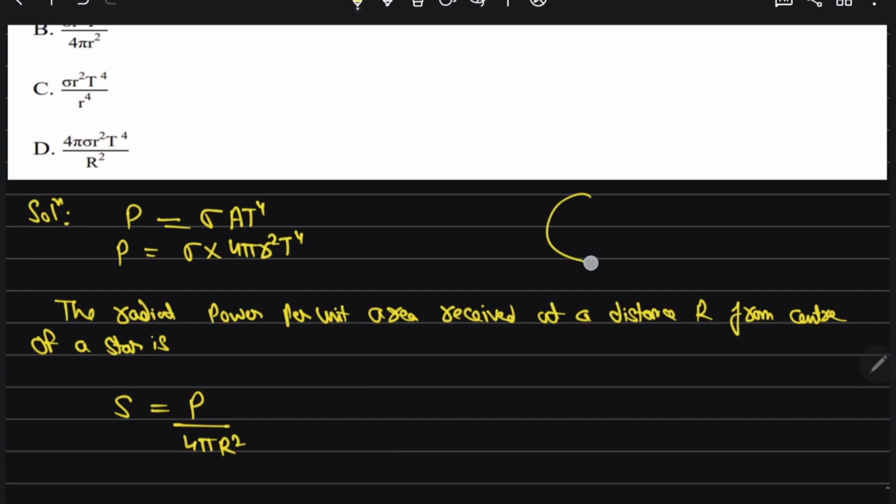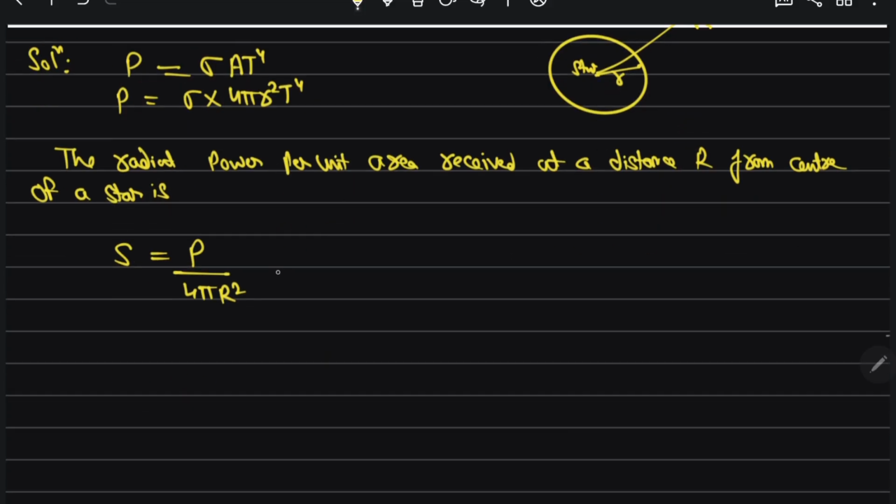So actually this is the situation. This is our star that has a radius R, and they are asking at this distance r they have given. So power we know is sigma into 4 pi R square T to the power 4, divided by 4 pi r square. So 4 pi cancels.